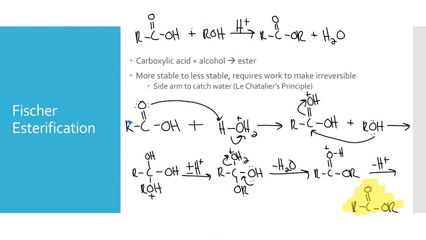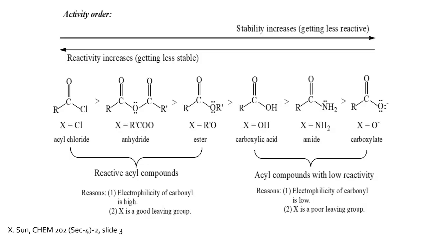So here's the general mechanism for that as well. This one's a little bit different. We see here the electrophilicity of this one is lower than over here. The electrophilicity of this carbon is higher, so we didn't have to do the protonation thing where we make a strong electrophile, because this was already a strong enough electrophile.